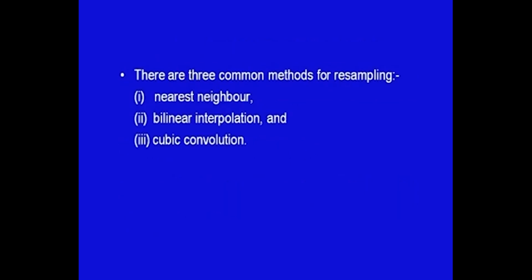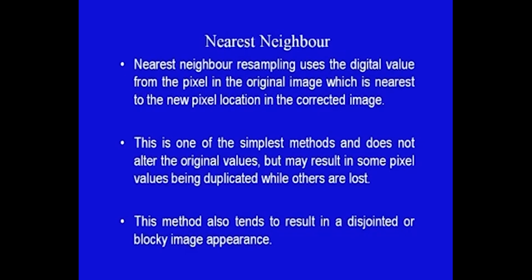There are 3 common methods for resampling: nearest neighborhood, bilinear interpolation and cubic convolution. So, let us look at the first method, that is the nearest neighborhood. Nearest neighborhood resampling uses the digital value from the pixel in the original image which is nearest to the new pixel location in the corrected image.